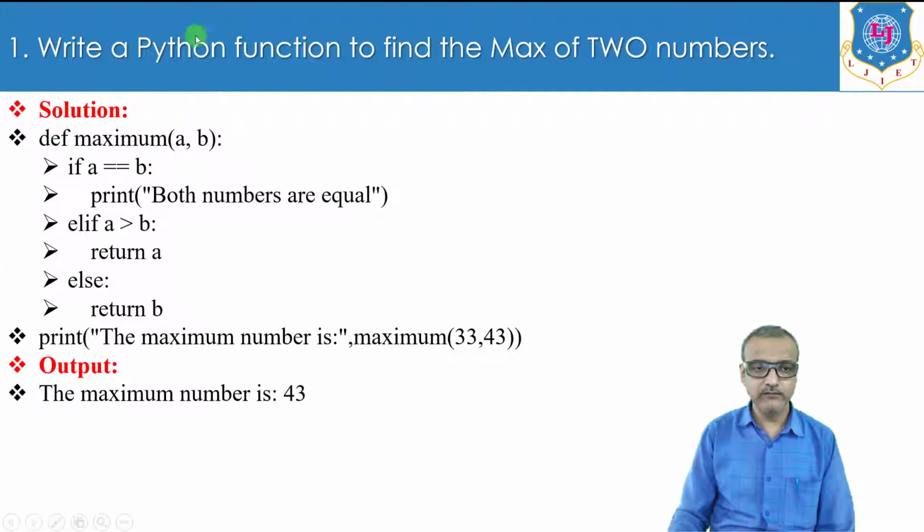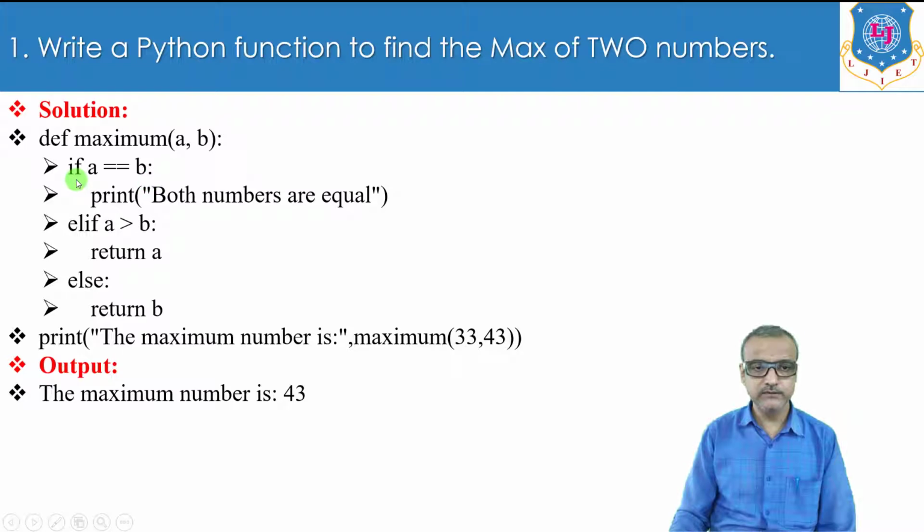To declare the function, first of all, we will write down the def keyword. Then after it the function name, here the function name is maximum, and we are passing the parameters a comma b, and always remember to write down this colon.